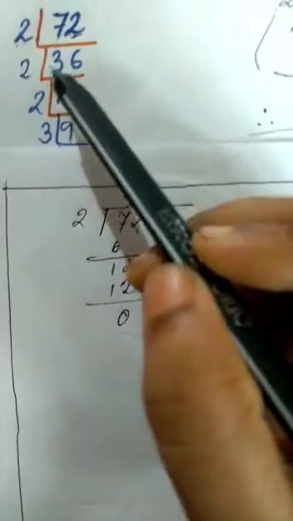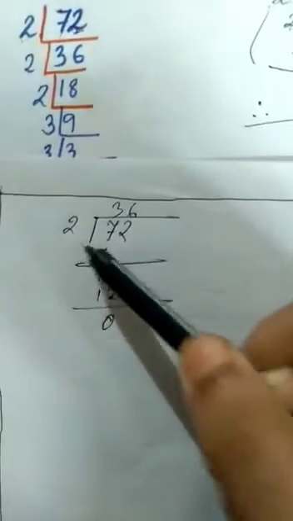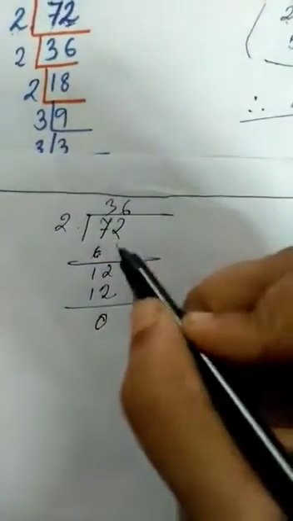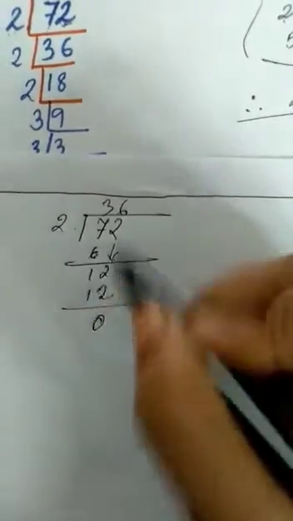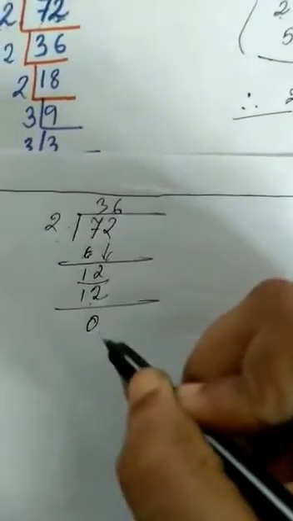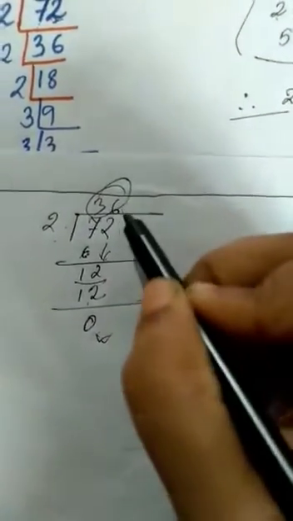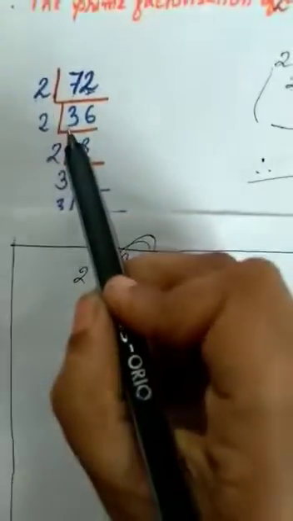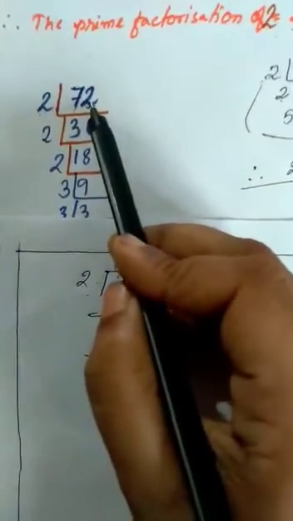You can see that 2 threes are 6, then we bring down 2, making 12, then 2 sixes are 12, so there is no remainder, that means it is the complete quotient, 36. 2 times 36 is 72.